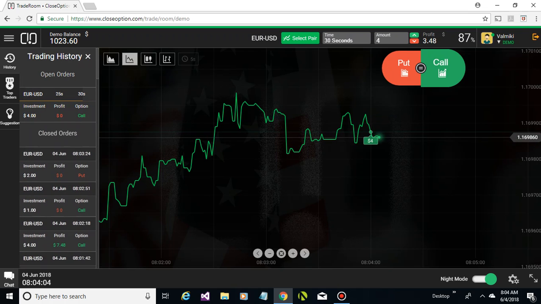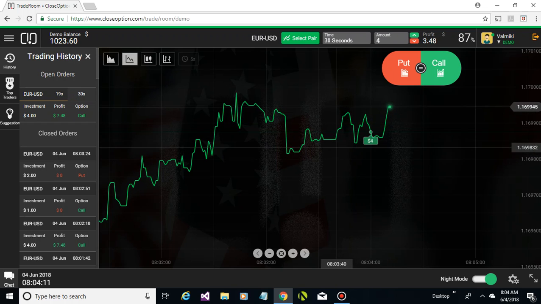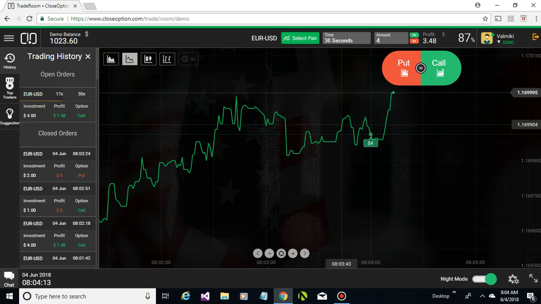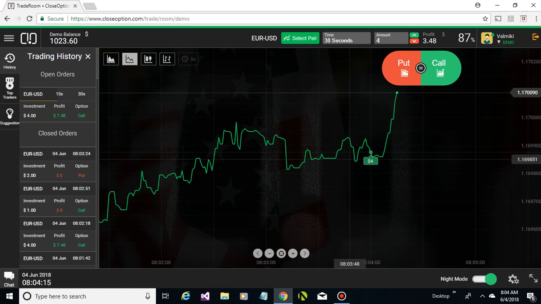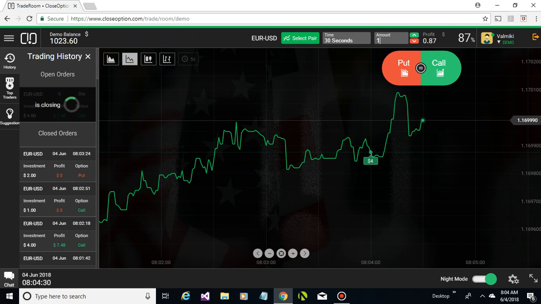You notice the volatility in just a millisecond, going up and coming down. So we got a loss, we break even, we were a win, and we're at a loss again, and a win again, and a loss again. So this time there was no zigzag, the US just went straight up. So this looks like it's going to be a win, high probability of a win, with 1 second left.